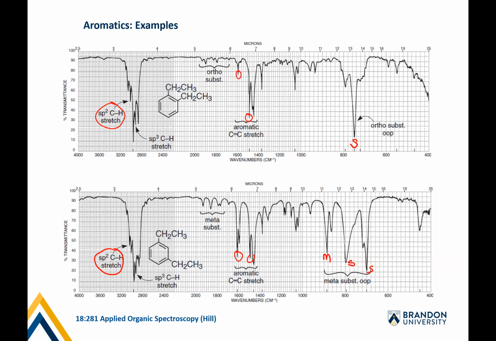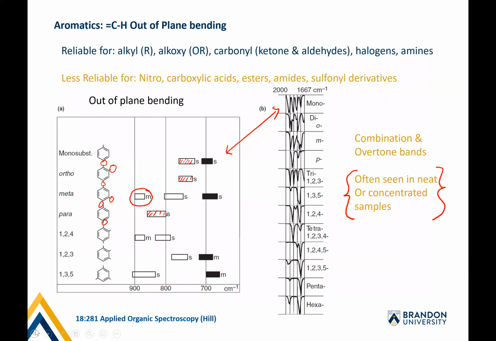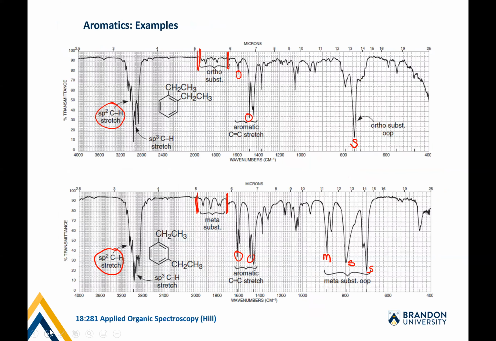And if you squish the two overtone regions, you'll see that these match quite closely with what we had shown previously. So the meta, 2 peaks and the third one's a double. Ortho, 2 strong peaks together. And this matches quite nicely with what we've got.